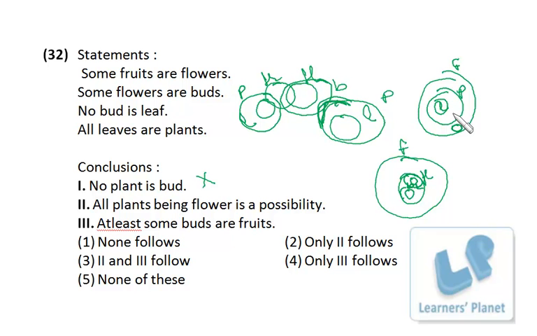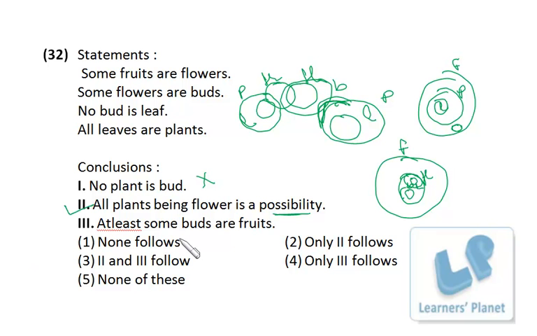Or maybe the circle is inside over here. So all plants being flower is a possibility over here. So we are talking about possibility. In the conclusion there is the word possibility, so this is a possibility, right? We cannot be so sure about the diagram otherwise, but since it is talking about possibility, yes, possibility is definitely there, right?